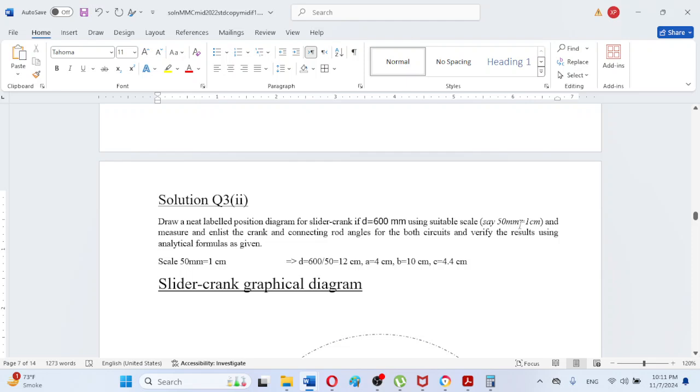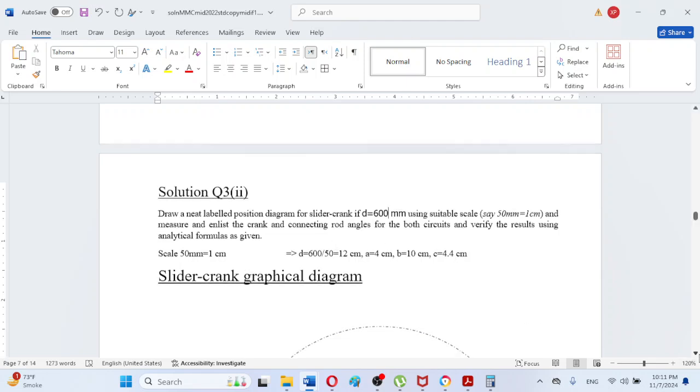Using a suitable scale, also given as 50 mm to 1 cm, measure and list the crank and connecting rod angles. Here the output will be the crank angles and the connecting rod angles for both the circuits, and verify the results using the analytical formula. The scale is mentioned here as well.